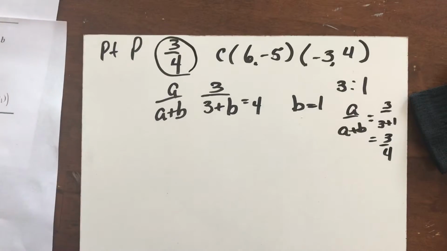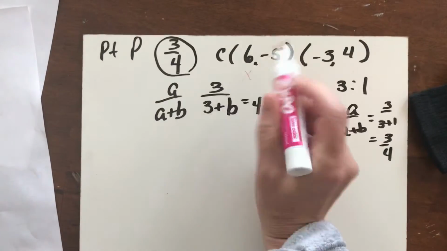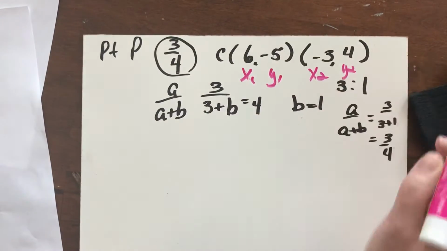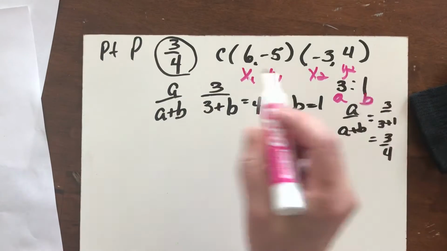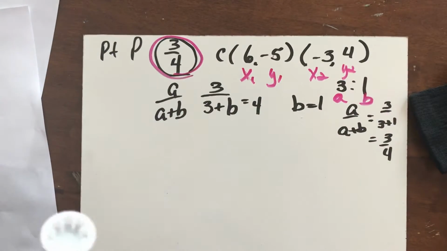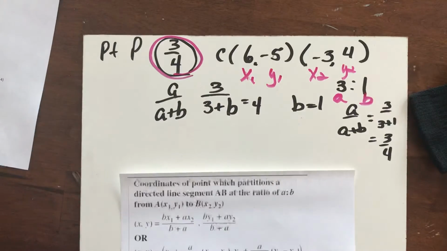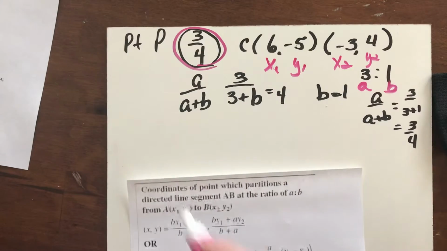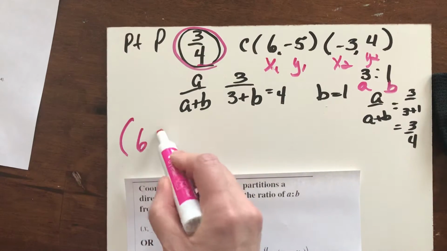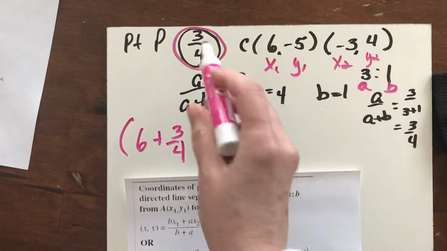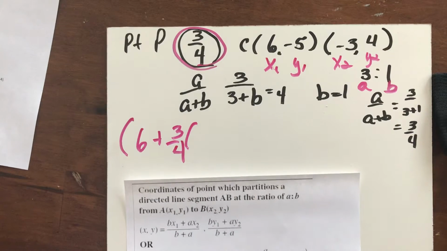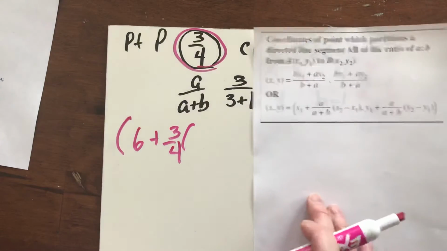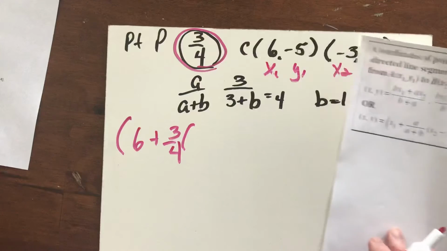All right, so we need to identify, again, x sub 1, y sub 1, x sub 2, y sub 2. If you want to, make that A and B, or just realize that you can use that. Okay, so I'm going to plug it in to this formula again. I am going to have x sub 1, which is 6, plus 3/4, because I already have the A over A plus B, times x sub 2 minus x sub 1.